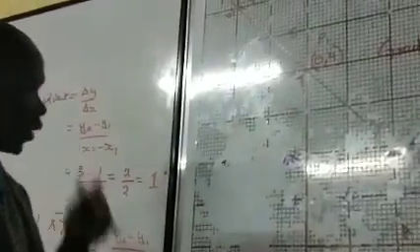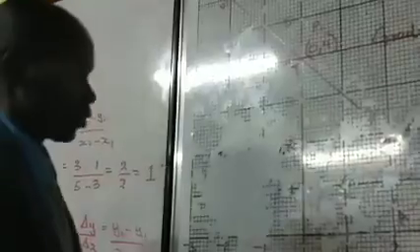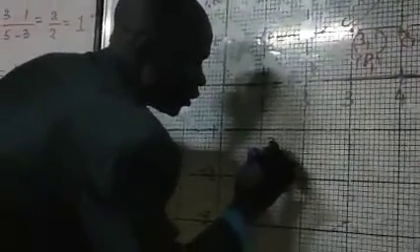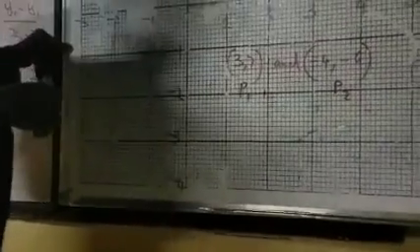Now, we can look at a brief example. If a line passes through point 3, 7 and negative 4, negative 6, how do you get the gradient of this line? You say let 3, 7 be our point 1 and negative 4, negative 6 be our P2.